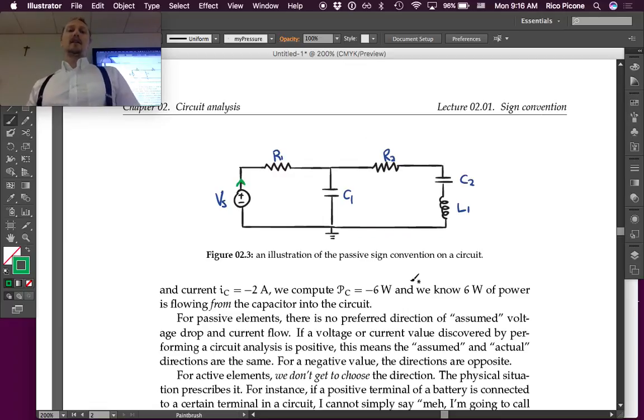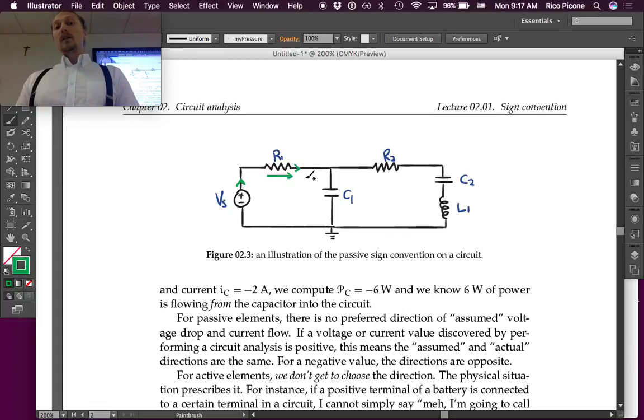For the rest of these things, we have to decide which direction we're going to assume the current flows and voltage drops. Since we've coupled these things together, whichever direction we assume the voltage drops is the direction the current flows. We can either draw the assumed direction of the current flow or the assumed direction of the voltage drop, and they're the same, right? So we could either draw a little arrow like this or like this, which tells us the direction of the current flow or voltage drop that we assume for that element.